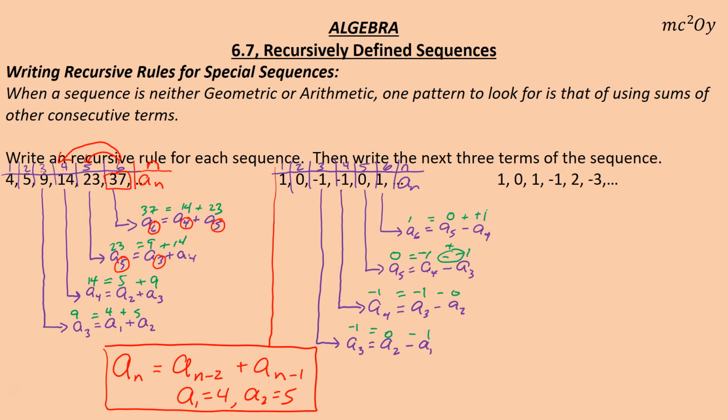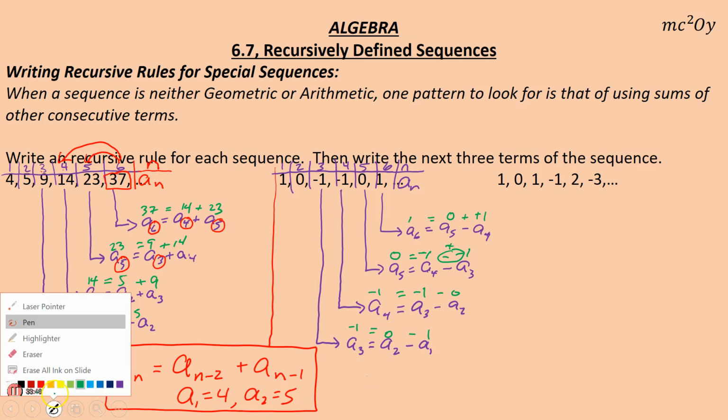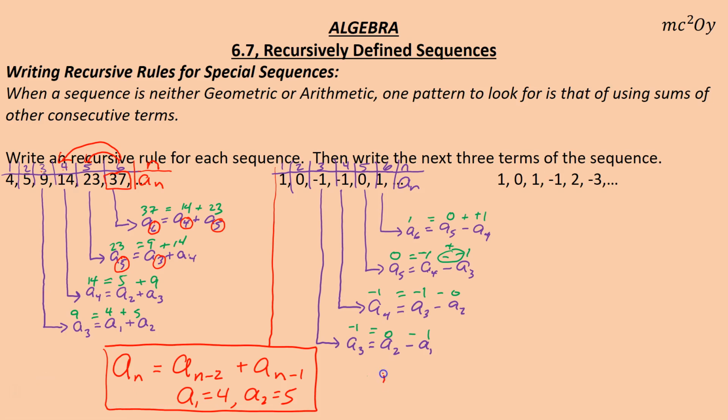So really, what we're looking at, when we think of it as a sub n, putting all this together again, a sub n is equal to, well, how are we getting there? So when we were at the third term, we took the second term and subtracted the first. So the third term, we took 1 behind it, so a sub n minus 1.